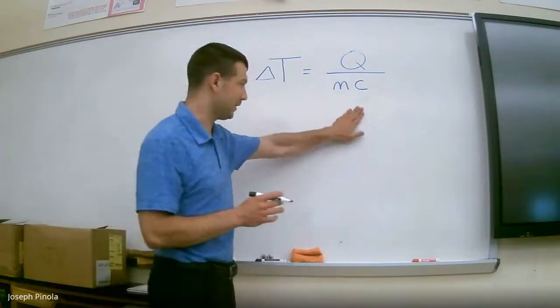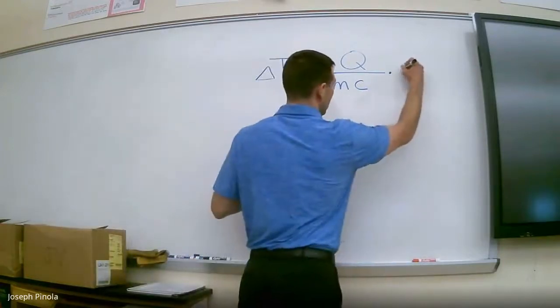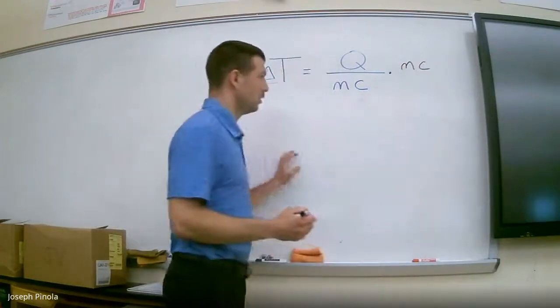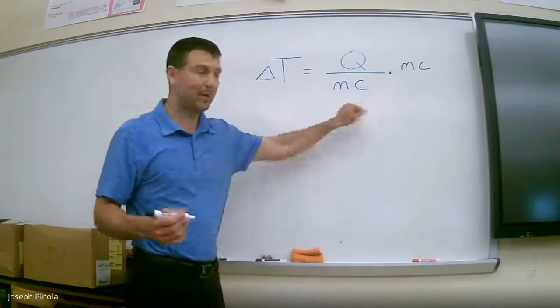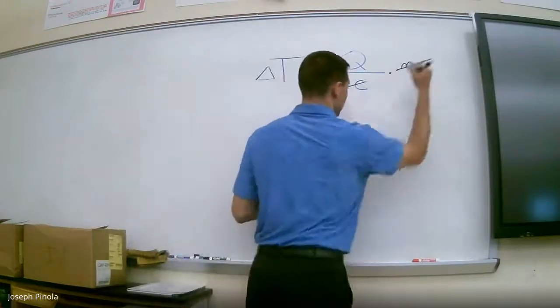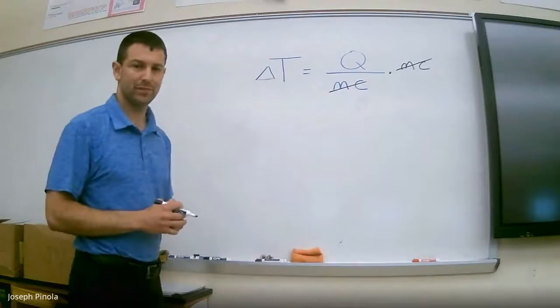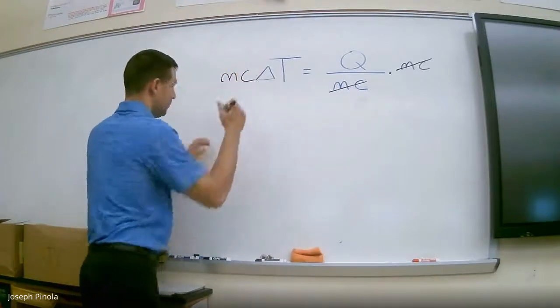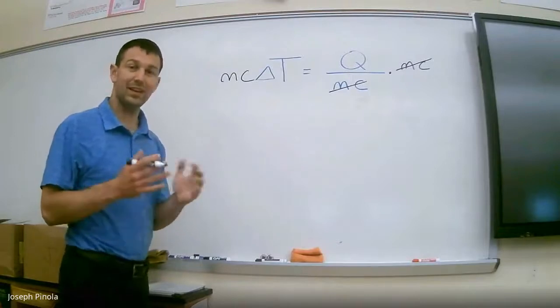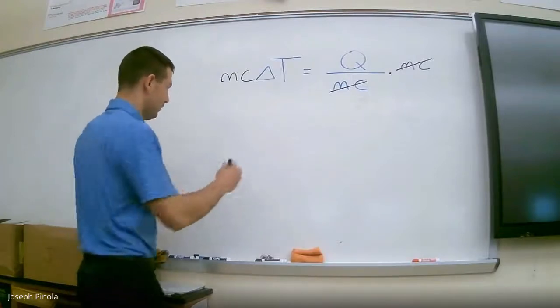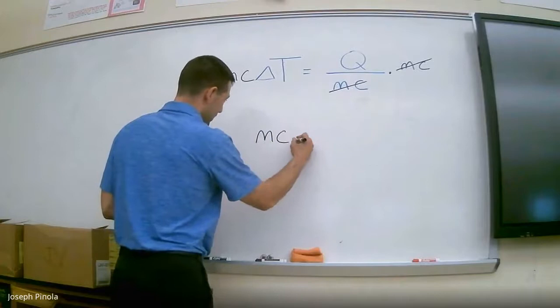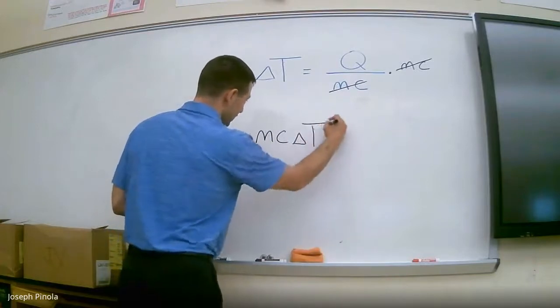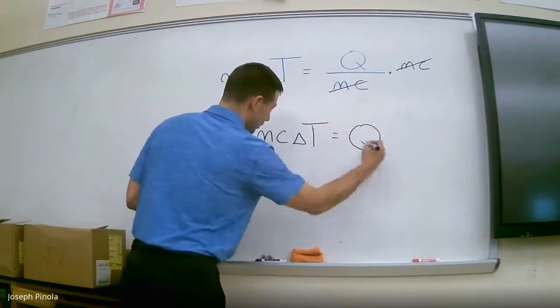We're going to multiply this fraction by MC. We're going to multiply by the denominator so that it cancels out. And we're going to do the same thing on the left side. Now let's write our new equation. MC times delta T is equal to Q.